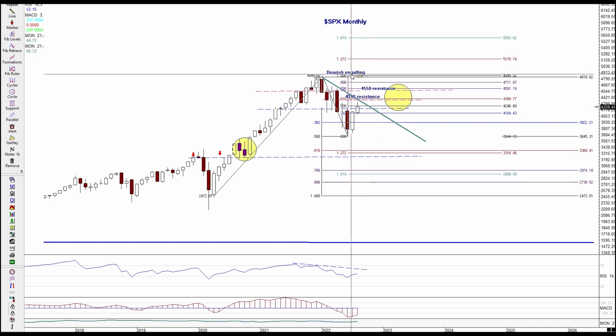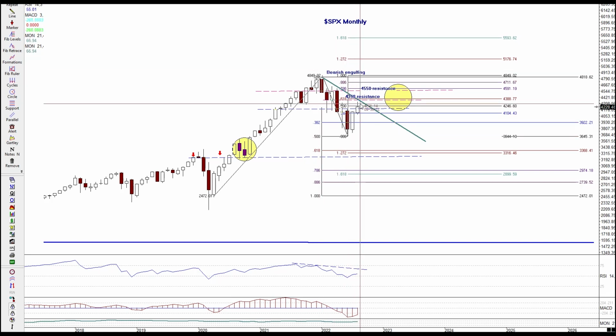So this is taking the Fibonacci retracement now from the high down to the low. This is where the 0.382 retracement was. This is where the 0.50 retracement was from high to low here.